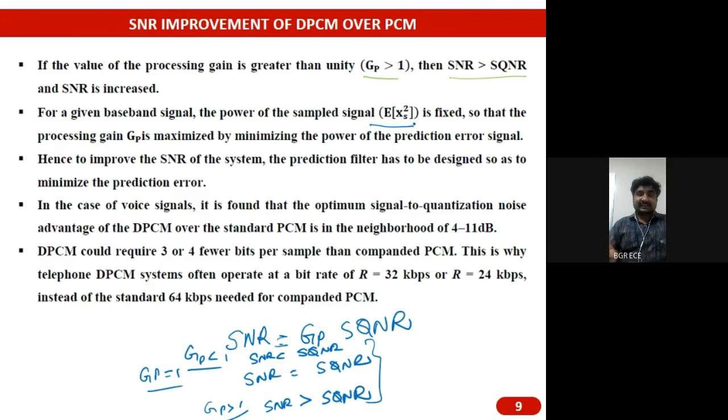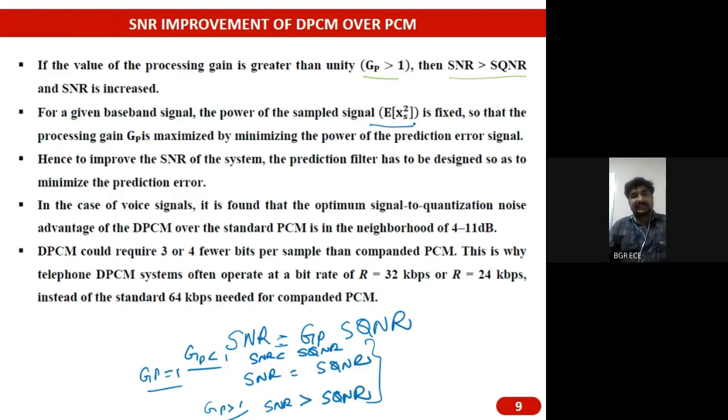Hence, the prediction filter has to be designed in a very stringent manner to reduce the mean square value of the prediction error.